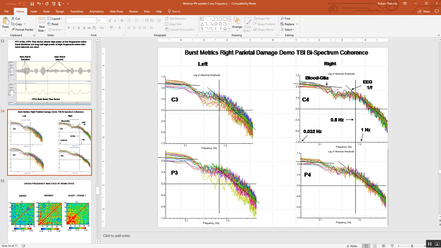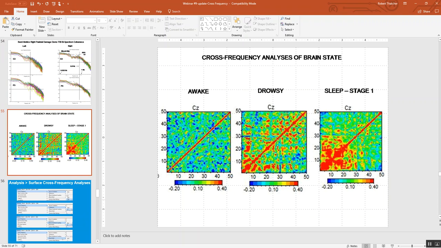So you can see it's quite slow. This cutoff here is at 0.8 hertz. So that's the cross frequency. That's the Bi-Spectrum. You're looking at the burst duration and how often things are bursting, and what's the period of time that there's no bursting.